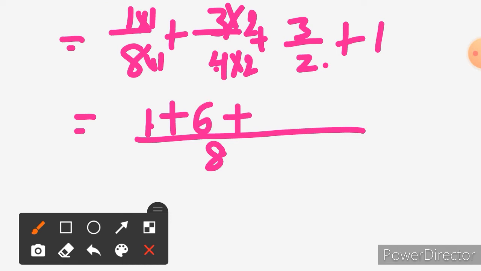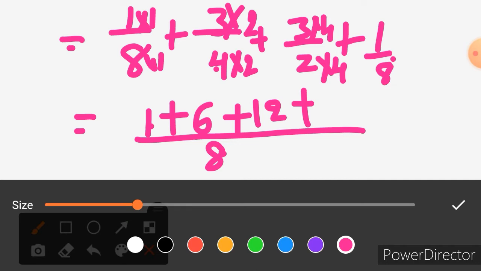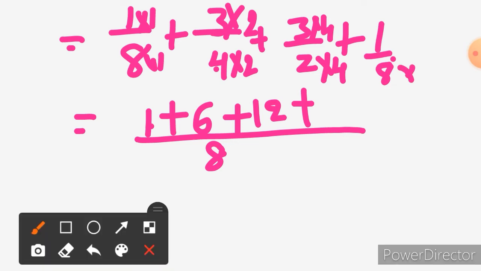Plus in order to make the third term as 8 here, I should multiply 4. So it will be 3 4s are 12. Plus now in order to make this denominator as 8, I should multiply 8 over here, because 1 into 8 will be 8, and to the numerator also I should multiply 8.